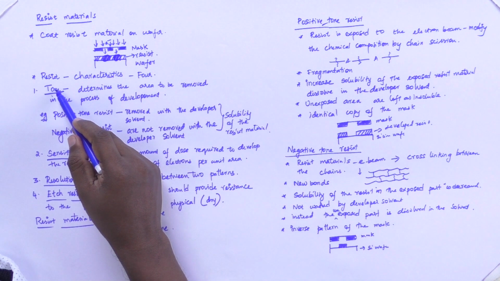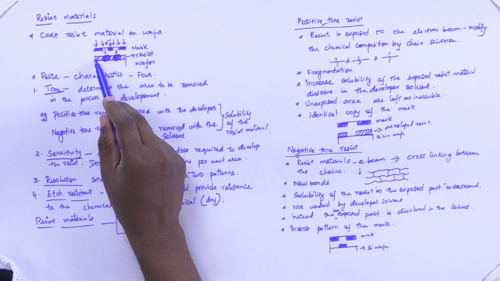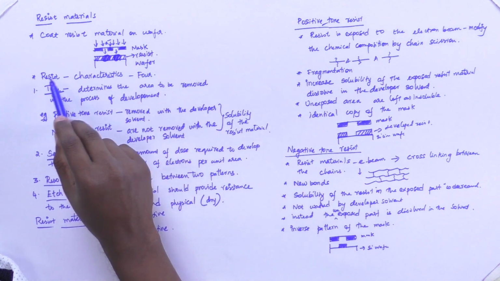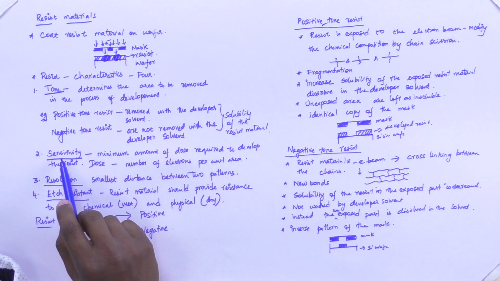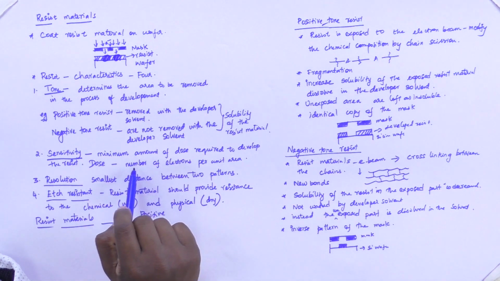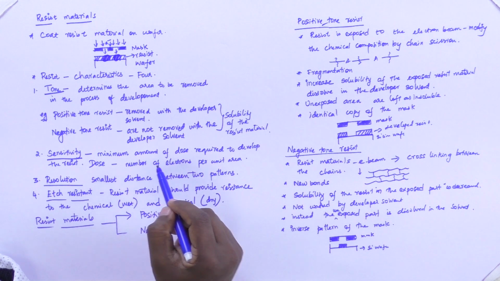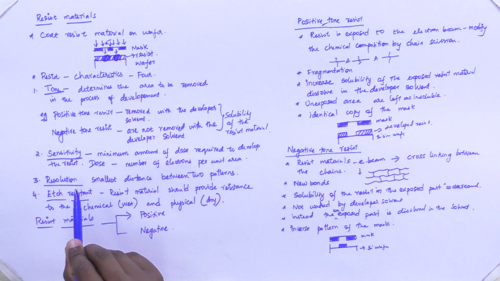One is the tone, which tells whether the exposed part is to be removed or the unexposed part is going to be removed. So that will be determined based on the tone. The second one is sensitivity, which tells how many electrons per unit area of the electron beam are required to develop the resist into a pattern.